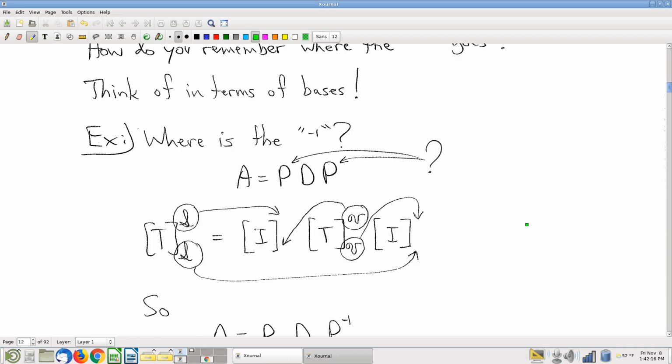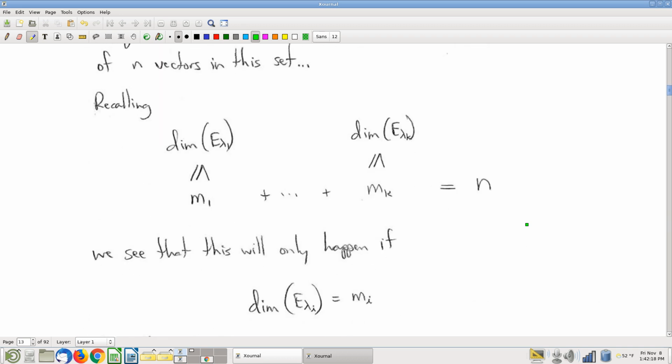Okay, now here's how the arithmetic works out. Recall that for any given eigenvalue, we're going to find an eigenspace that has a dimension, namely the number of vectors in a basis for that eigenspace, namely what we casually refer to as how many eigenvectors do you find, right? So this is how many eigenvectors you find.